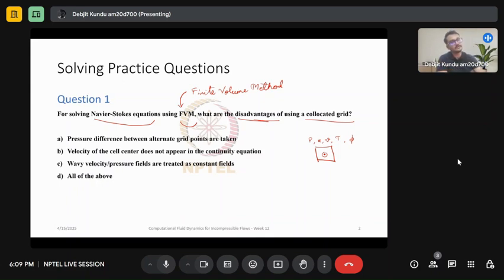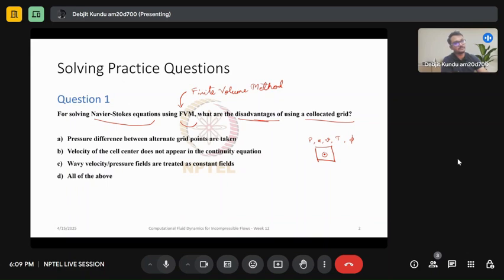So here are the four options for the question. Option A being that pressure difference between alternate grid points are taken. Option B being velocity of the cell center does not appear in the continuity equation. Option C being that wavy velocity or pressure fields are treated as constant fields.